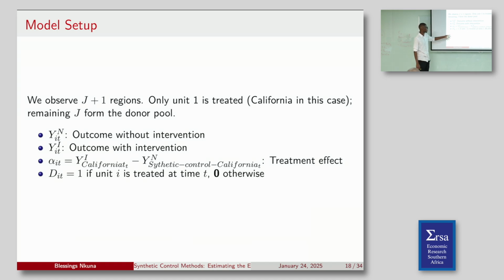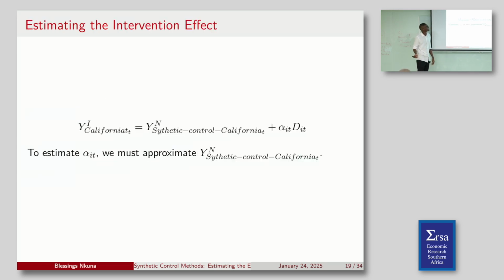And there's a dummy variable: if you were treated, it's a 1; if you're not treated, it's a 0. So for California, in theory, if we take the synthetic control that we made and add the treatment effect with D being 1, it should get us back to California.